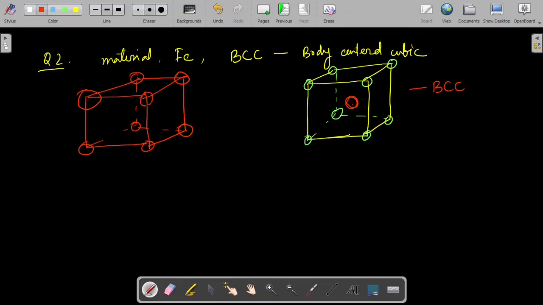No, not that. Actually, I have not drawn it properly. What I should have done is make these atoms touch each other. But you see, if I do this, then the drawing becomes a little bit harder.